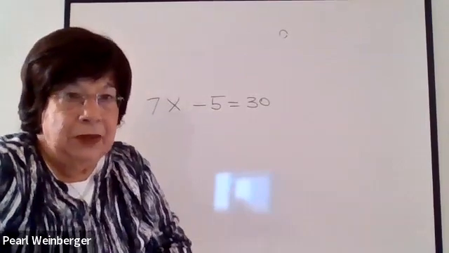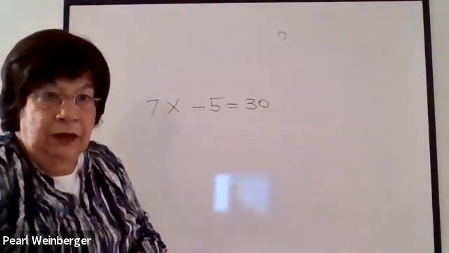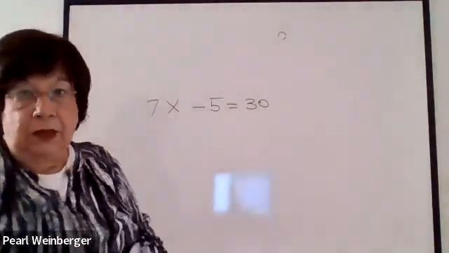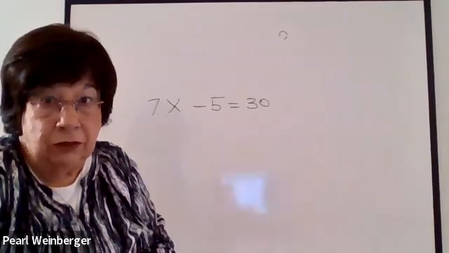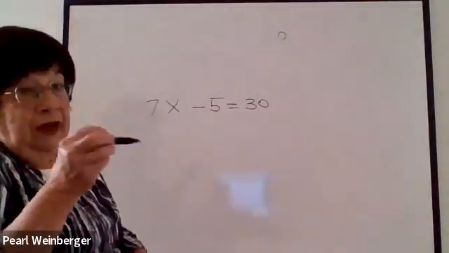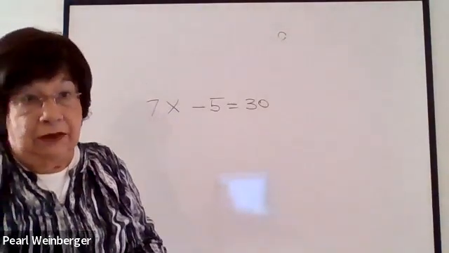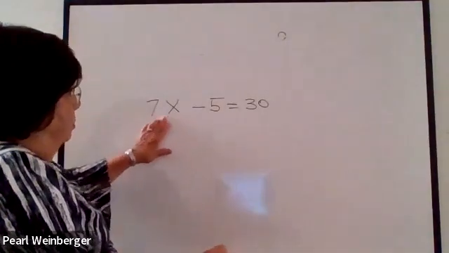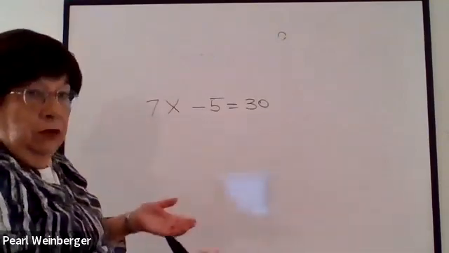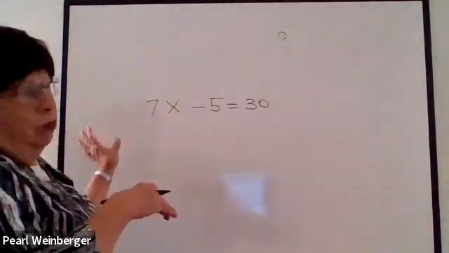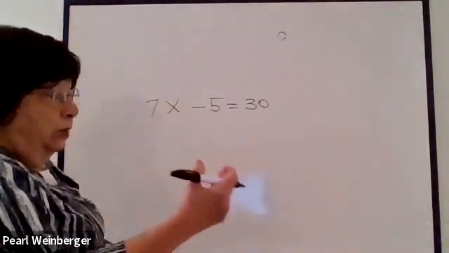Okay, I see most people have sent me a message, and everybody that sent me a message sent the answer 5. That is the correct answer. I'm just going to do it as a reminder of how. Remember, when we have an equation, what we want to do is end up with all the variables, the x, on one side, and all the numbers on the other side.